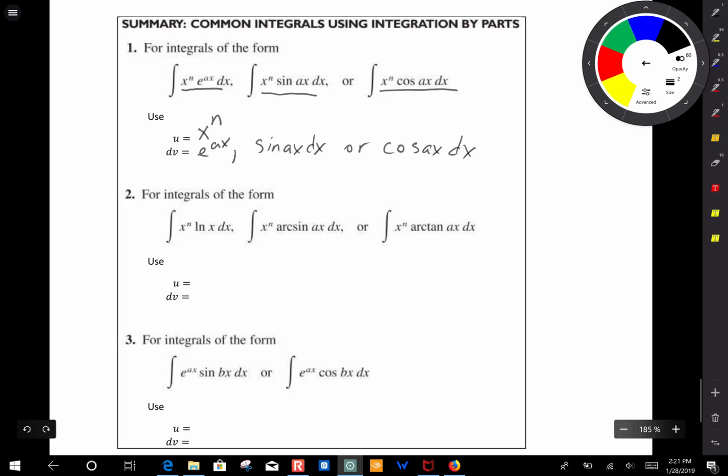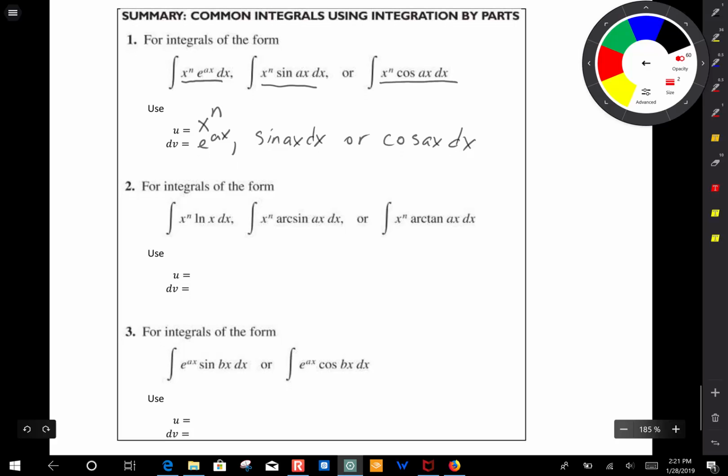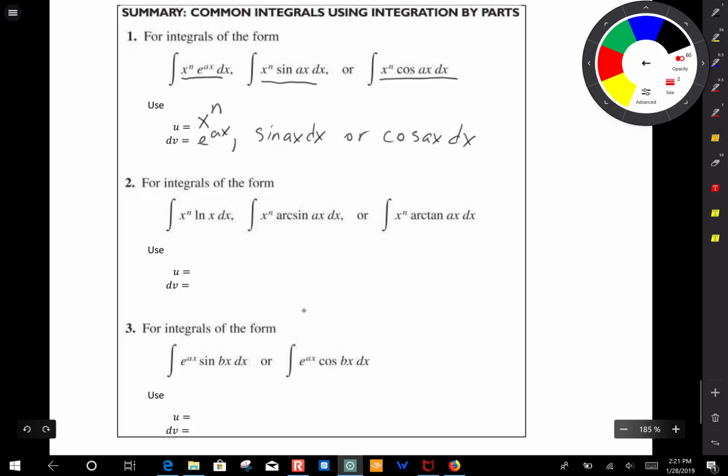For part two, if I'm taking the integral of x to the n times the natural log of x, or x to the n times the inverse sine of ax, or x to the n times the inverse tan of ax, remember, arc sine and arc tan mean inverse sine, inverse tan.